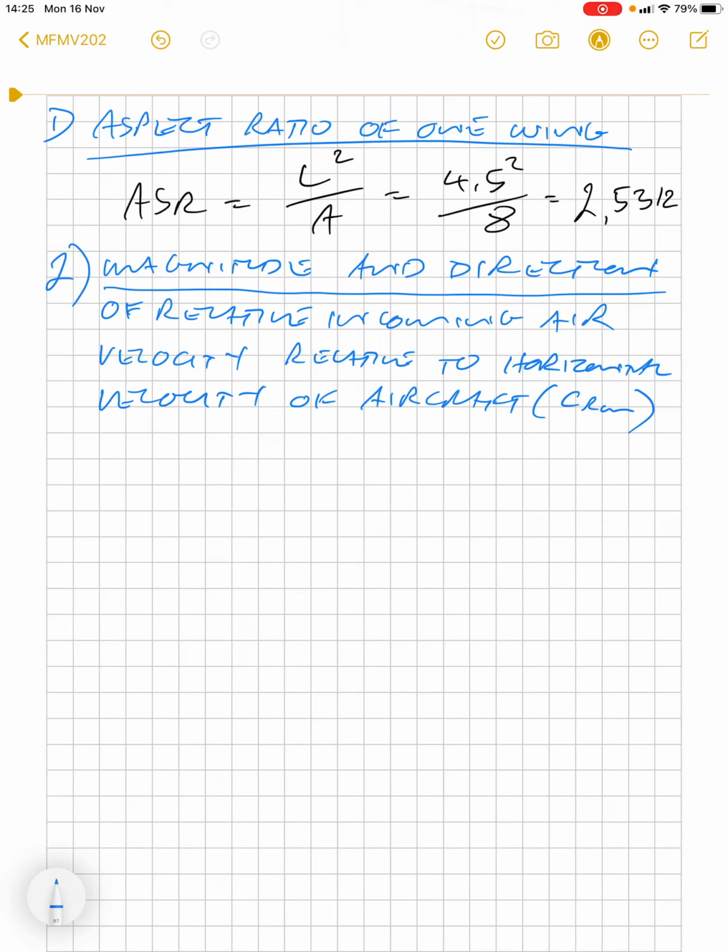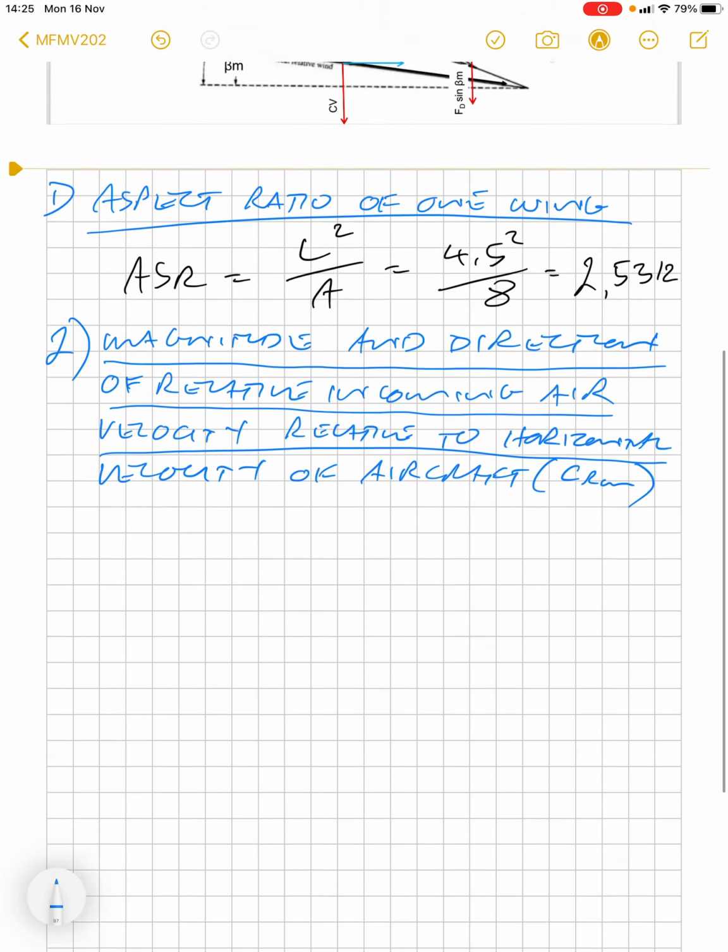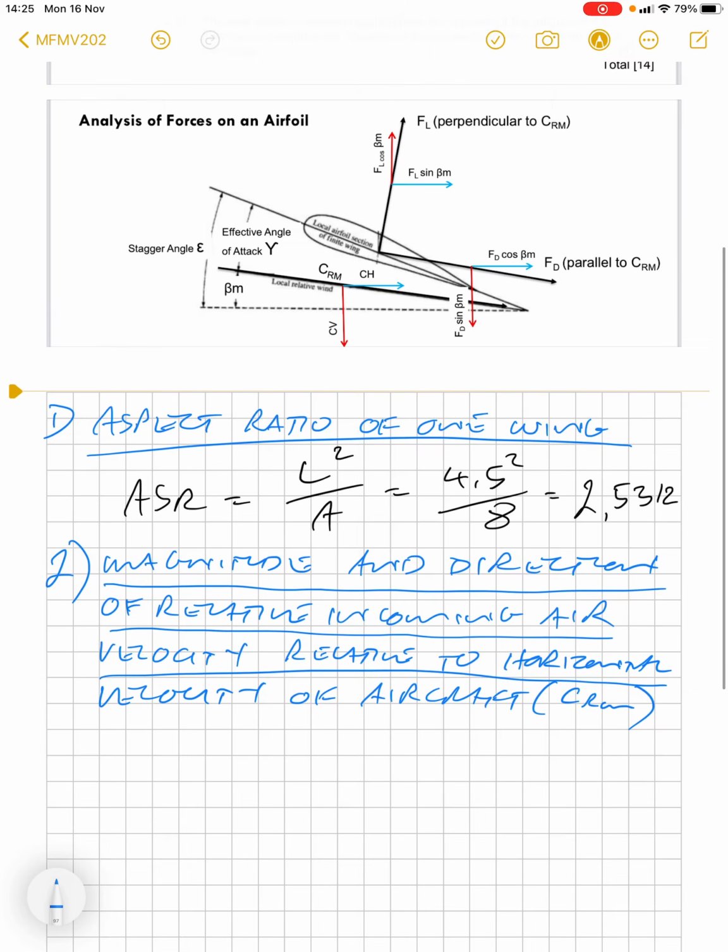So that is actually CRM. That is the relative velocity. If we look at our diagram, we can see CRM is the label showing local relative wind. So that is the relative air velocity to the wing.